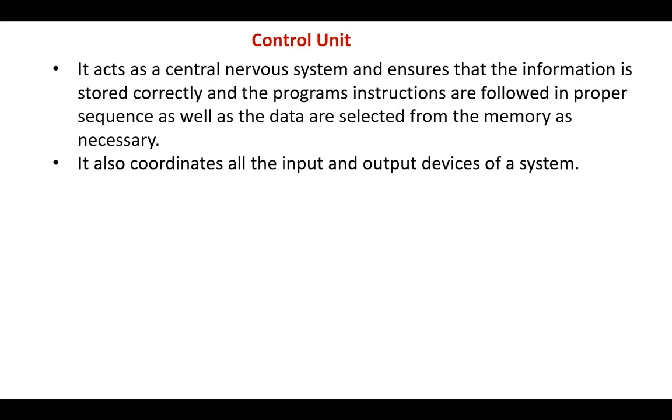It doesn't just do things anyhow. It has to follow a certain order. So the work of the central unit is also to make sure that these program instructions are followed in a proper sequence. Yeah, and it also coordinates all the input and the output devices of a system.